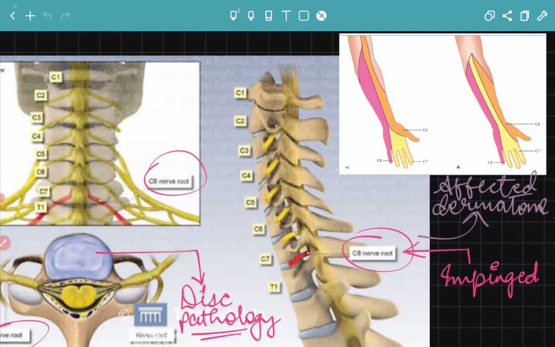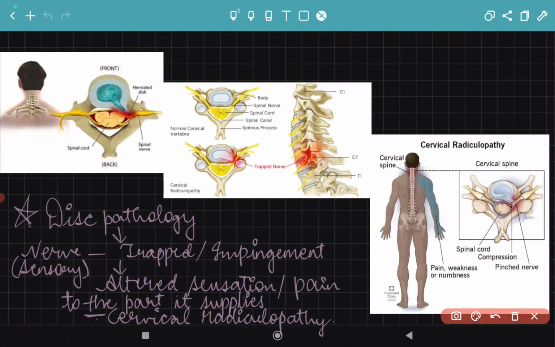So this needs to be understood as the basic thing in the clinical aspect. So here also, as we discussed, the same thing, disc pathology is there. So the nerve, the sensory component of the nerve, is what we will be considering as we are discussing dermatomes.